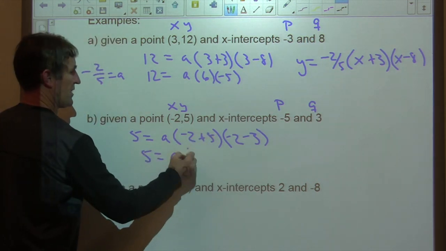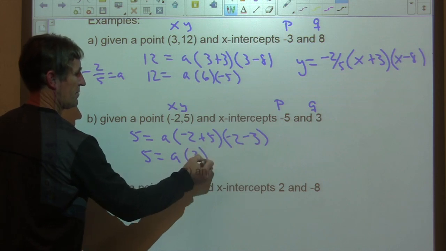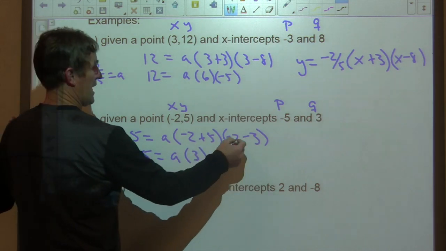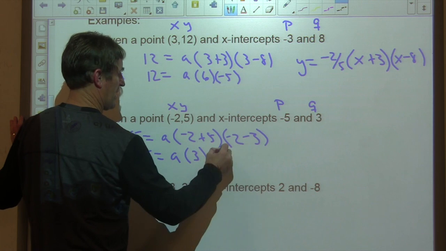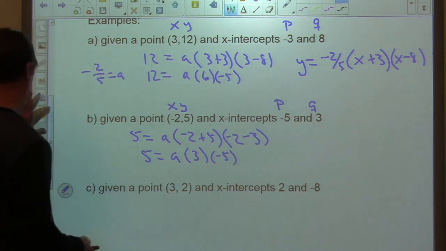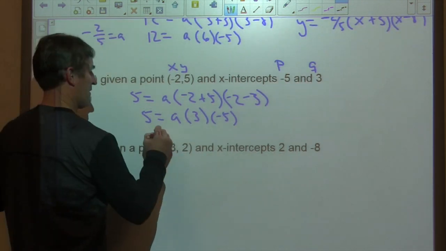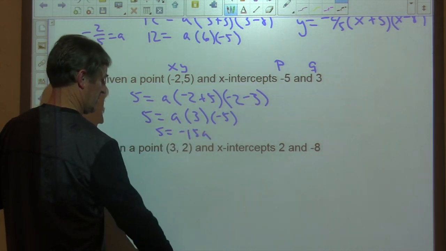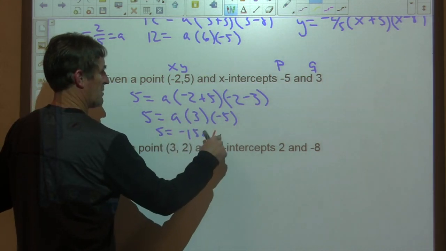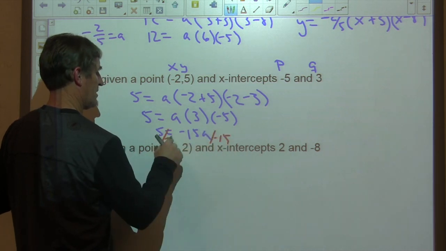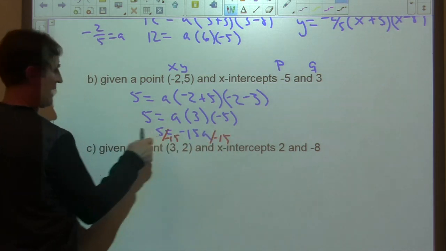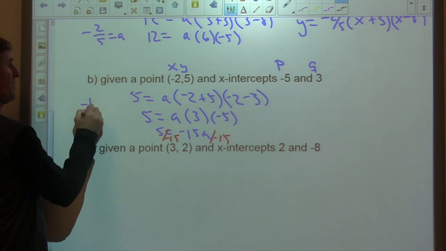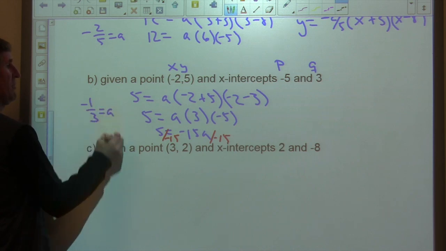Negative 2 plus 5 is 3. Negative 2 minus 3 is a negative 5. So if I multiply that, we get 5 equals negative 15a. So we divide both sides by negative 15. 5 goes into both, so it would be a negative 1/3 is our a value.